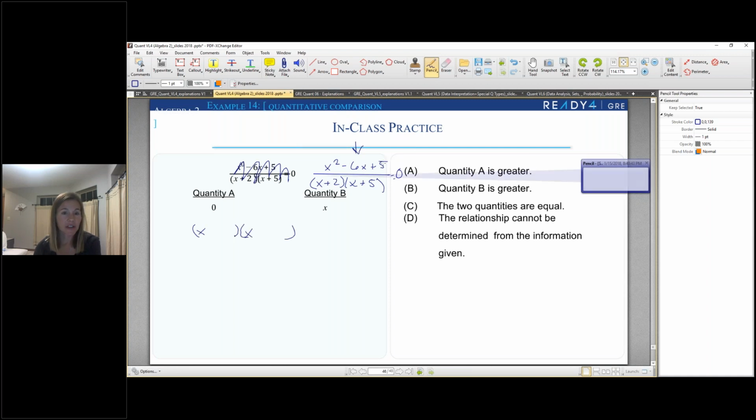And we're looking for factors of 5 that add up to -6. Okay, so -5 and -1 would be the factors, over x plus 2 times x plus 5. And we know that that's supposed to equal 0.